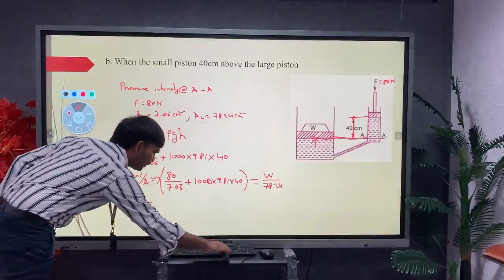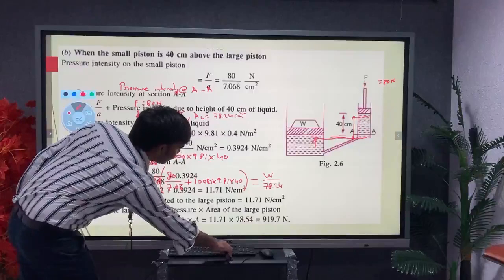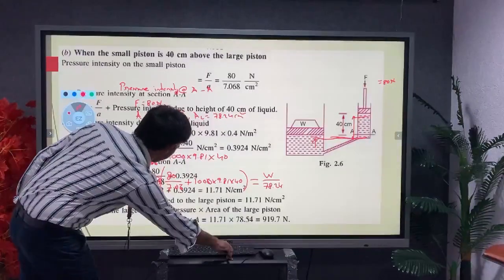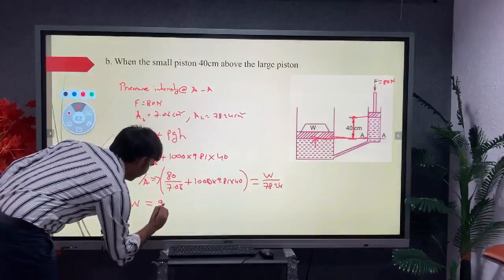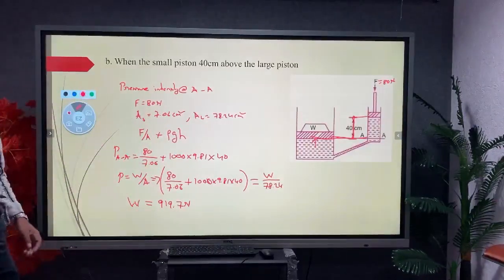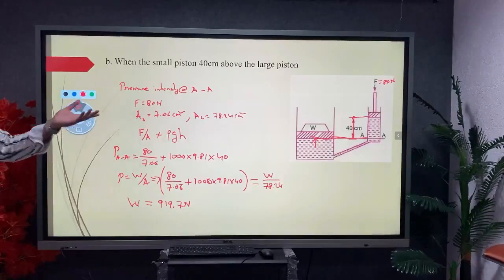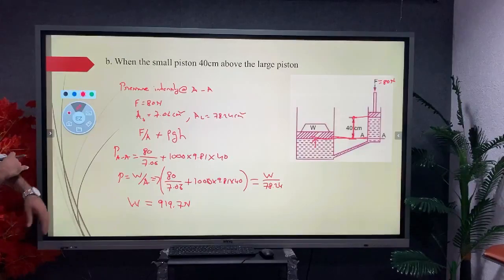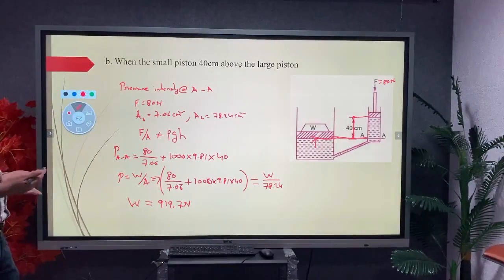So what is the weight? It will be 919.7 newtons. So how much extra weight can we lift because of the difference of 40 centimeter height of the liquid between the small piston and large piston?